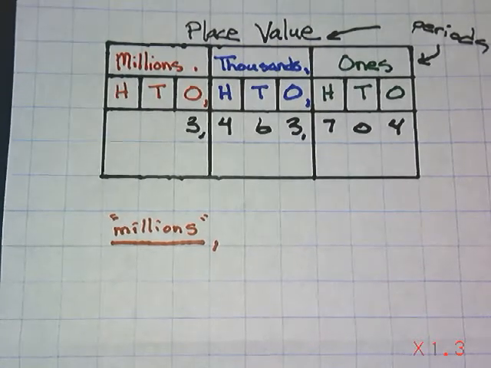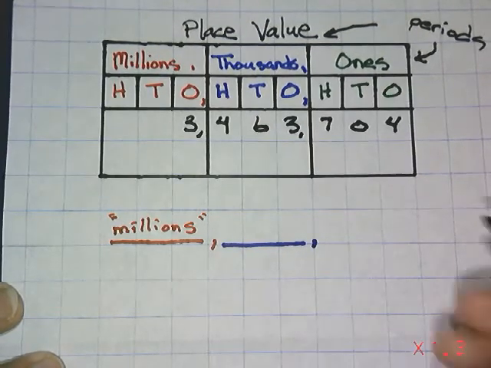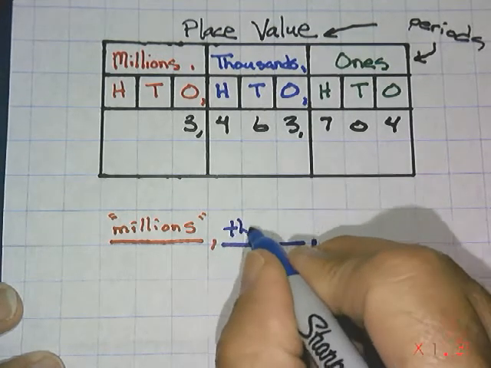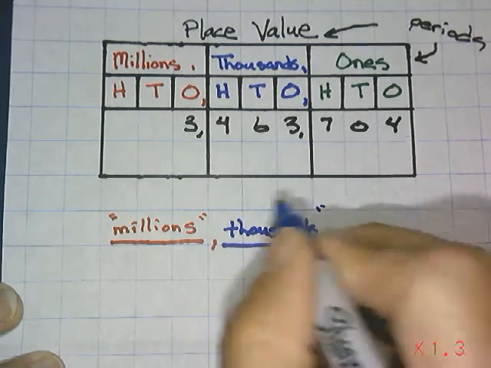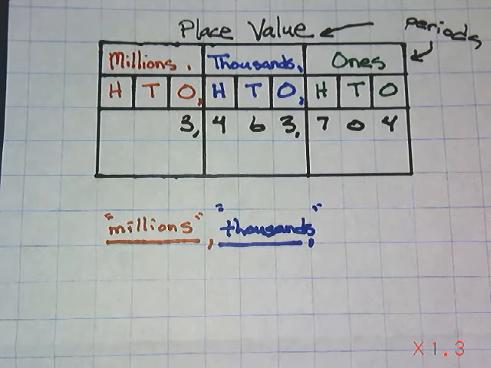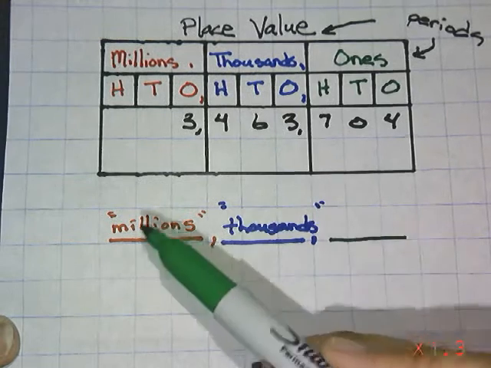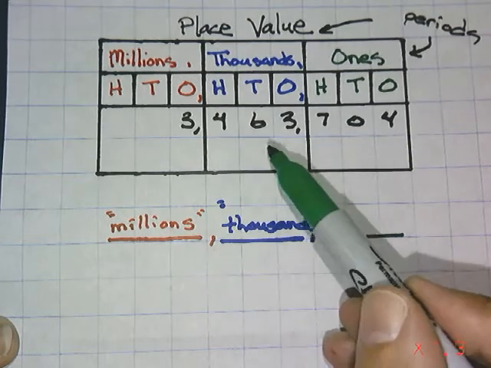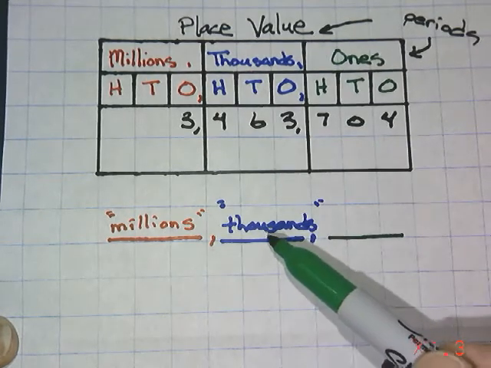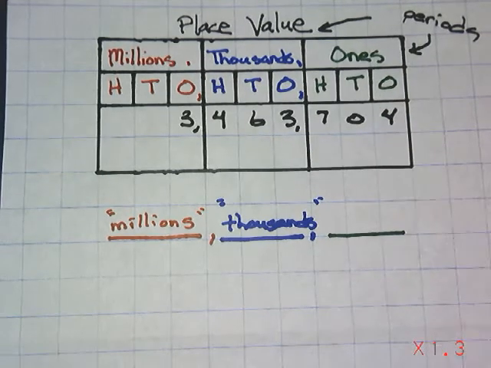Anything in the thousands period would involve writing or saying the word thousands. And then the ones, again, we don't say the ones. So anything in the millions period, you would actually say or write the word millions. Any number within the thousands period, you would say or write the word thousands. And then any number in ones, we typically don't say ones. All right, let's look at some examples.